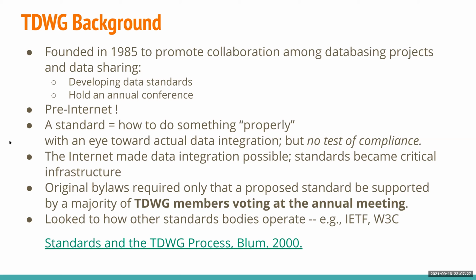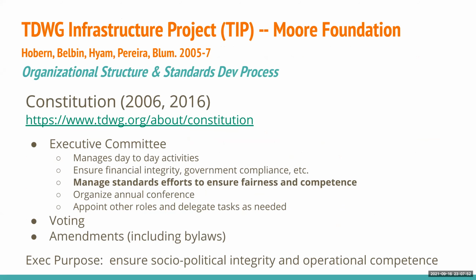I wrote a position paper in 2000 as the internet was getting to be about 10 years old, and TDWG was really needing to up the game, and in comparing these other two organizations with what we were doing, we sort of set out how we probably should try to do things and began thinking about reorganizing.